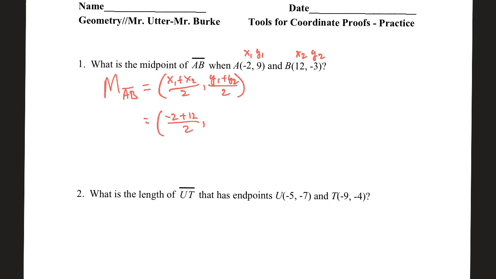My y1 is 9, and then I'm adding a -3, so that's 9 minus 3, divided by 2. -2 plus 12 is positive 10, and 10 divided by 2 is 5. 9 minus 3 is 6, divided by 2 is 3. The midpoint is (5, 3).